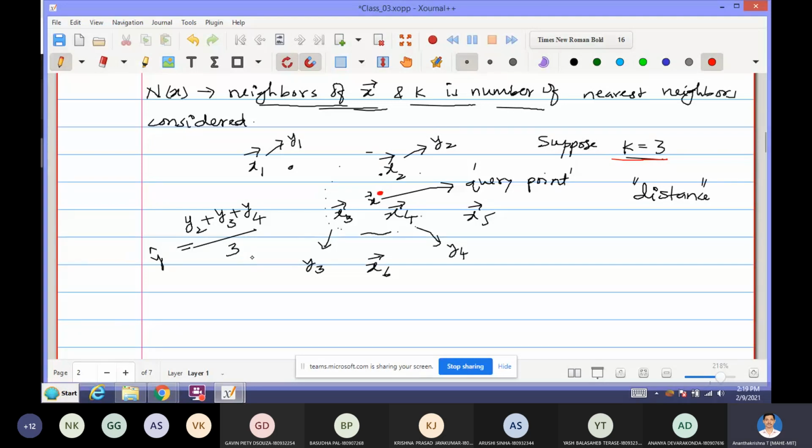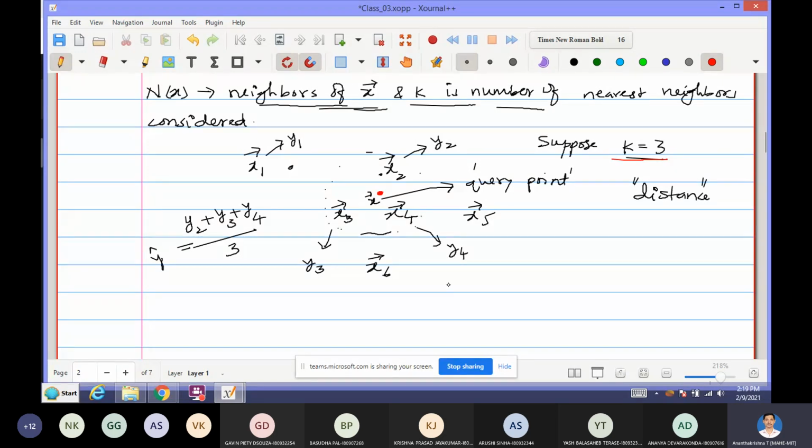We pick y2, y3, and y4, the outputs corresponding to the nearest neighbors, and find the average. The average of y2, y3, and y4 is therefore the value of the function corresponding to x. So this is called a nearest neighbor example.